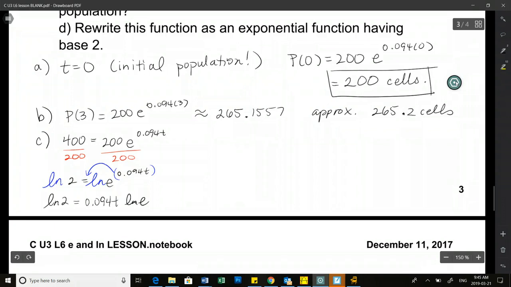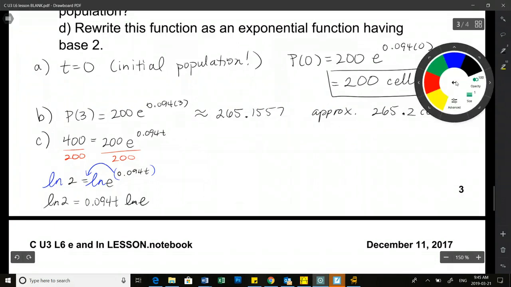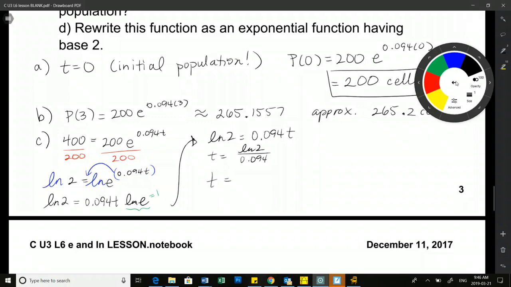So we have this ln of e, which we know is equal to 1. Now we know that we have ln of 2 equals 0.094t, and I just have to divide out the 0.094. We'll just calculate this one, because it's asking for time, so it might be nice to have a rough time estimate here.